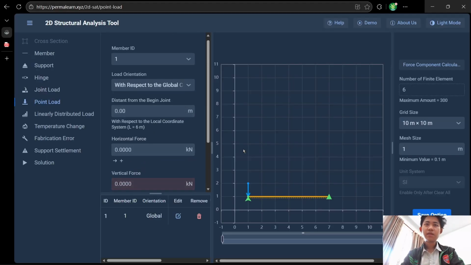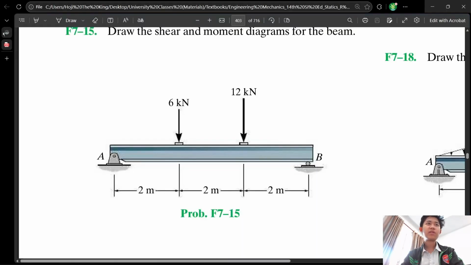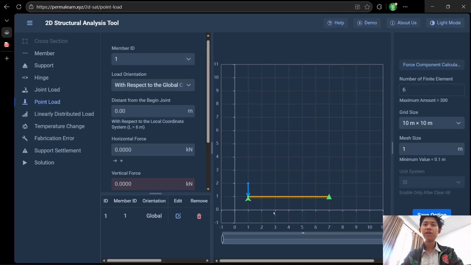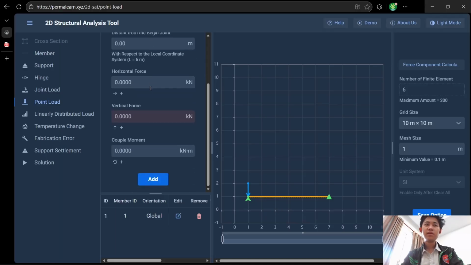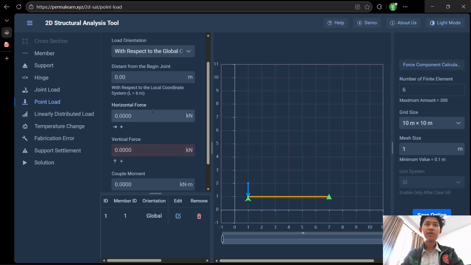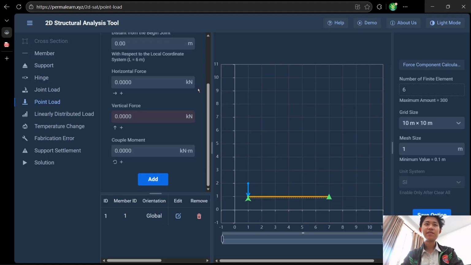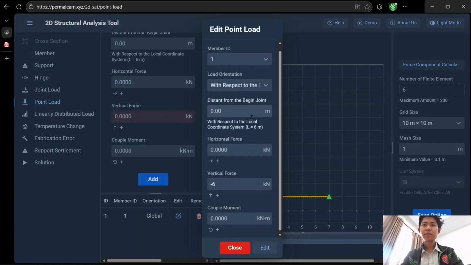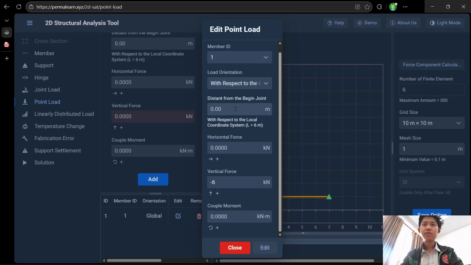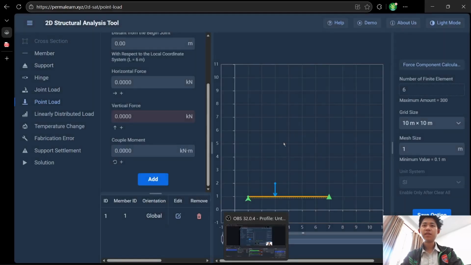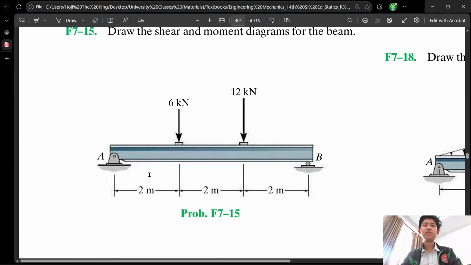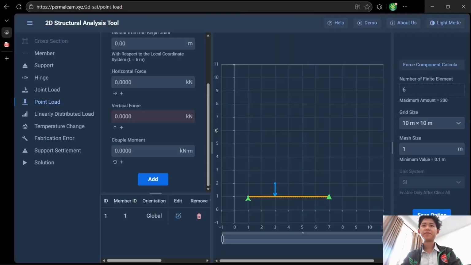Okay, it is downward 6, but it should be at point 2, so let me fix it. The distance from the beam joint should be 2. Yeah, like that. So now it is at 2 meters from point A.